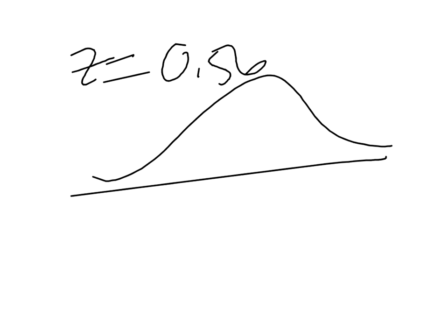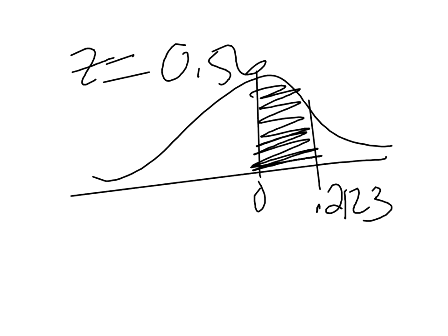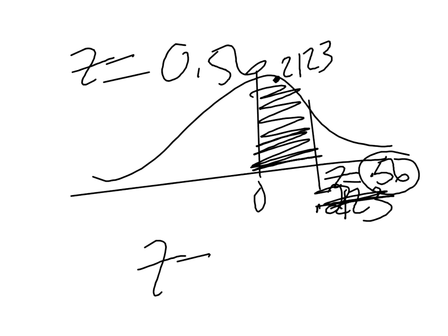In other words, I'll just draw the picture of what we're talking about here. Here's our area of 0.2123, and this is our z-value that we found of 0.56. And that z equals 0.56 is associated with an area of 0.2123, or that much area to the right of where z equals 0.